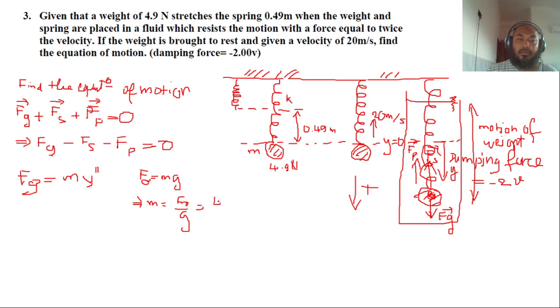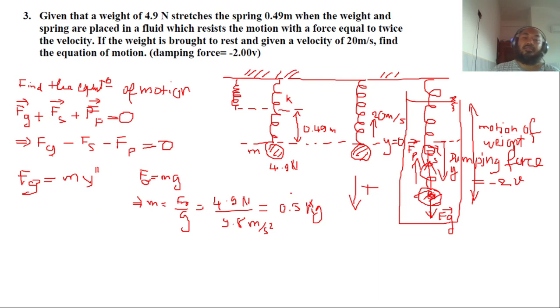So we have 4.9 Newton divided by 9.8 meter per second squared, which is equal to 0.5 kilogram.